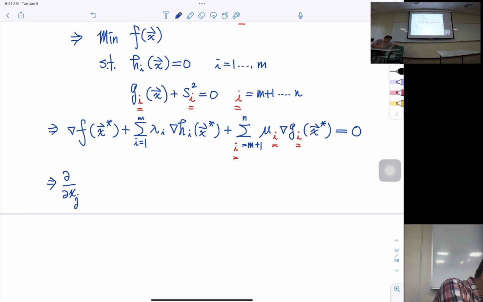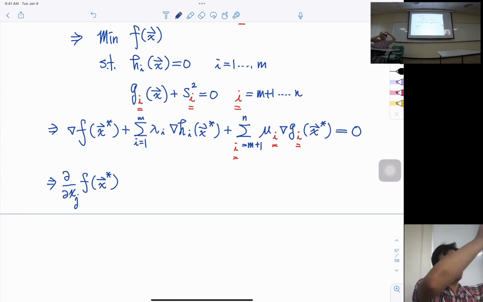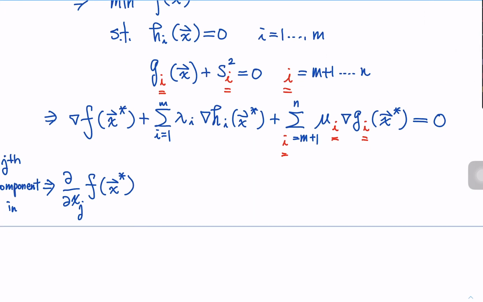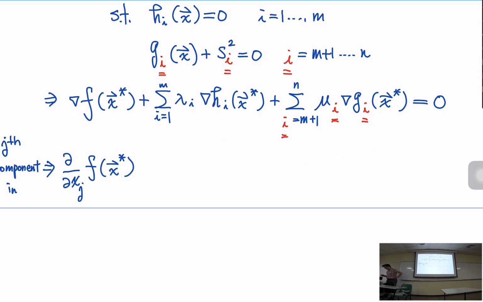The gradient includes a bunch of partial derivatives, and this is the jth component in the above function, because the above function actually is a vector.